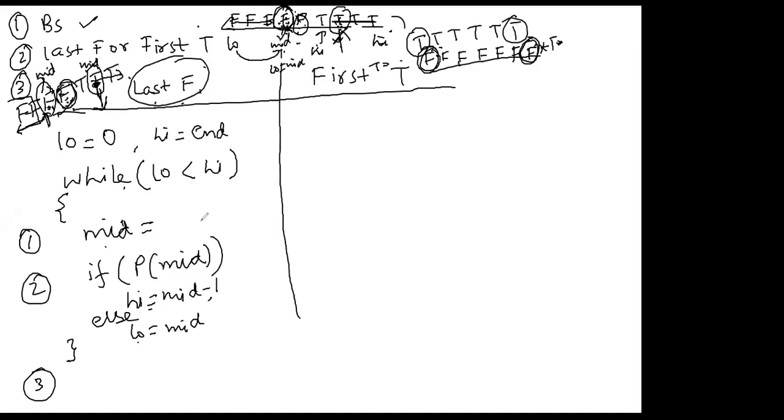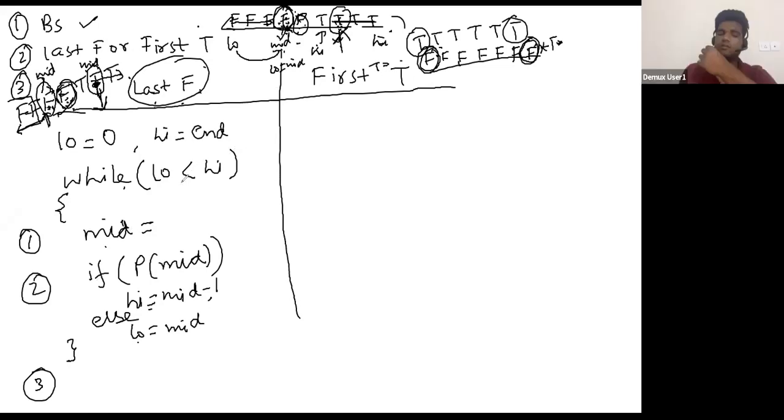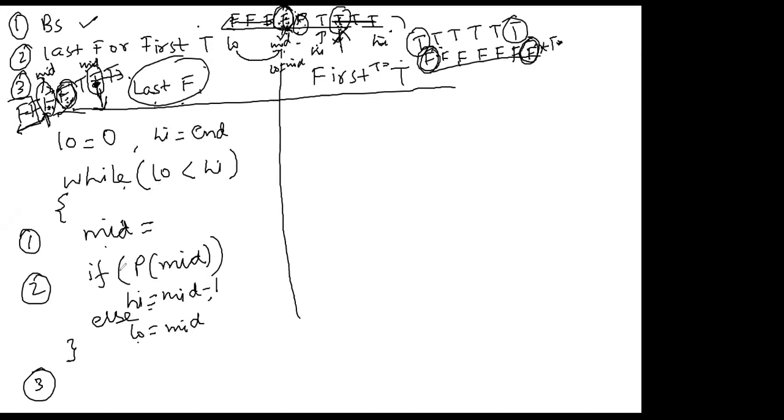Sir, what if mid is the first T itself? Then the if condition seems absurd. What if mid is the first T itself? So, I did not get the question. So if the mid is the first T itself, then in the if condition we have written high is equal to mid - 1.